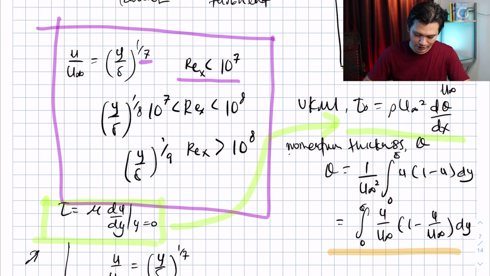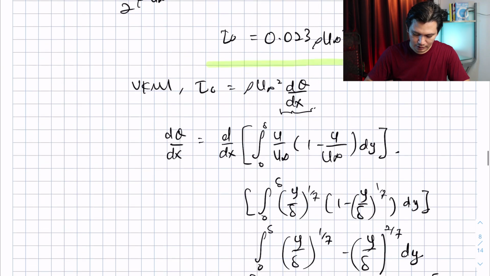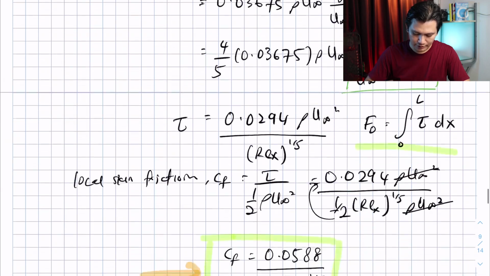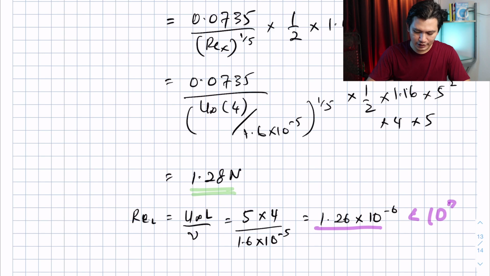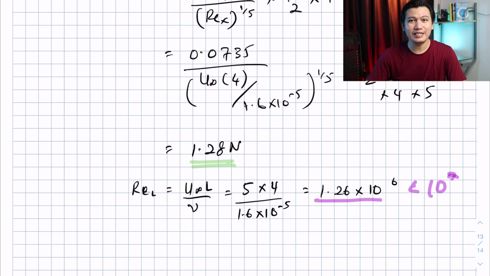And let's see what we found here. So we found the Reynolds number is, okay, sorry, I think I made a mistake here. This is actually 6. So 1.26 times 10 to the power of 6 is definitely less than 10 to the power of 7. So our assumption n equal to 7 is correct. So good for us, it means that we have chosen the correct equation.